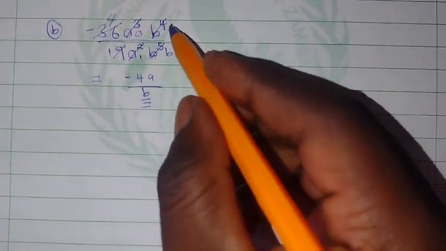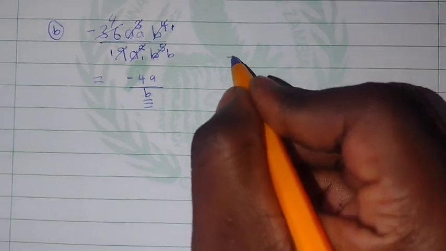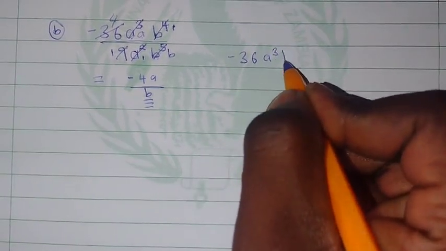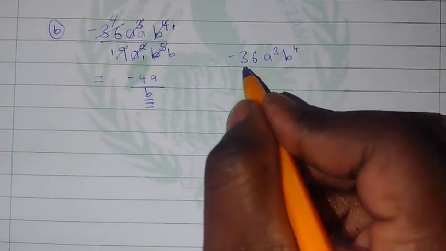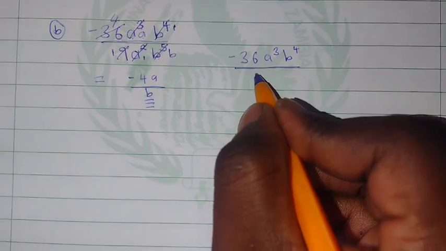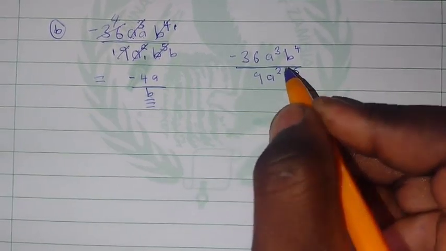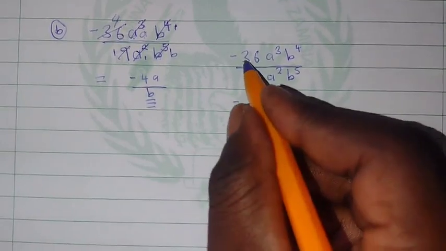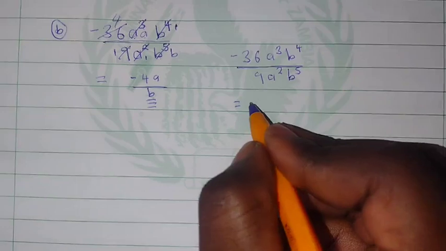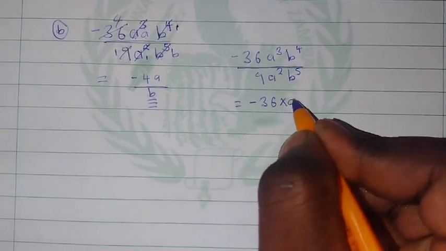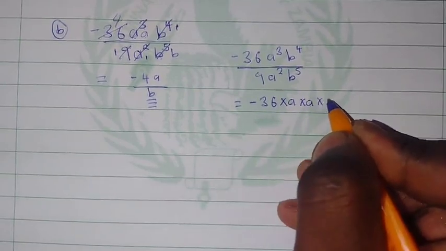Then, if you are not clear with this method, this is why I was saying you rewrite. You say negative 36 a power 3 b power 4, which is being divided by 9a squared b power 5. So you can find their product. You say negative 36 times a times a times a.